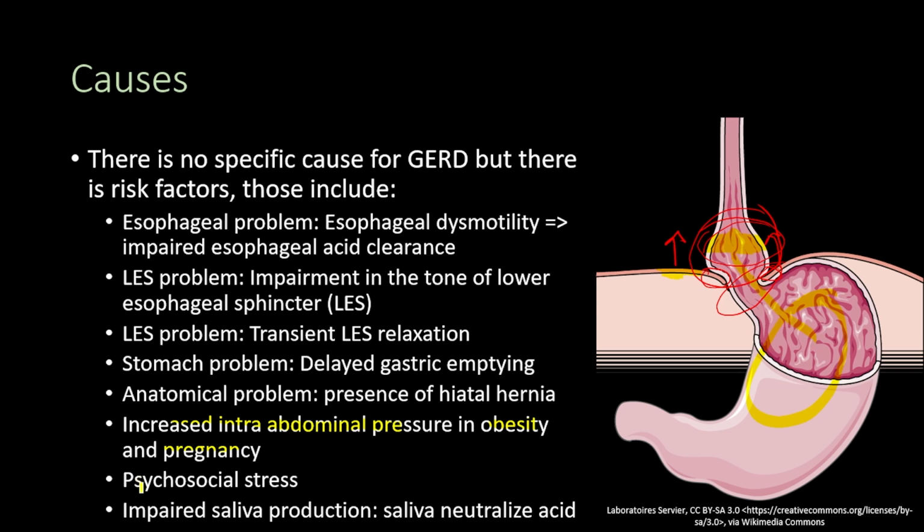In the risk factors we also have psychosocial stress, because stress leads to higher acid secretion and higher potential for acid regurgitation. And also we have impaired saliva production because saliva neutralizes acid. So once we have less saliva, this means that we have less ability to neutralize the acid.